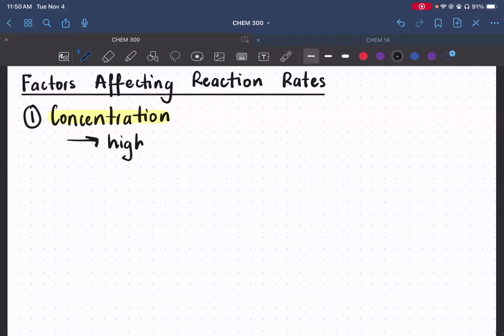A higher concentration, higher molarity, higher whatever you want to call it, leads to more collisions per second.